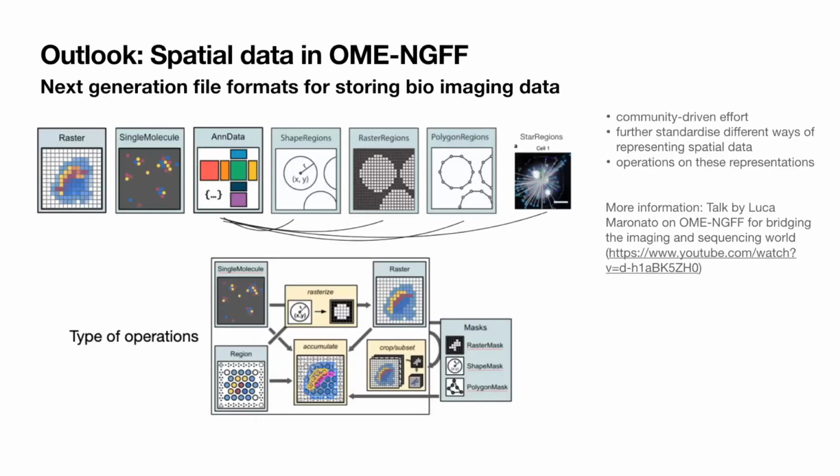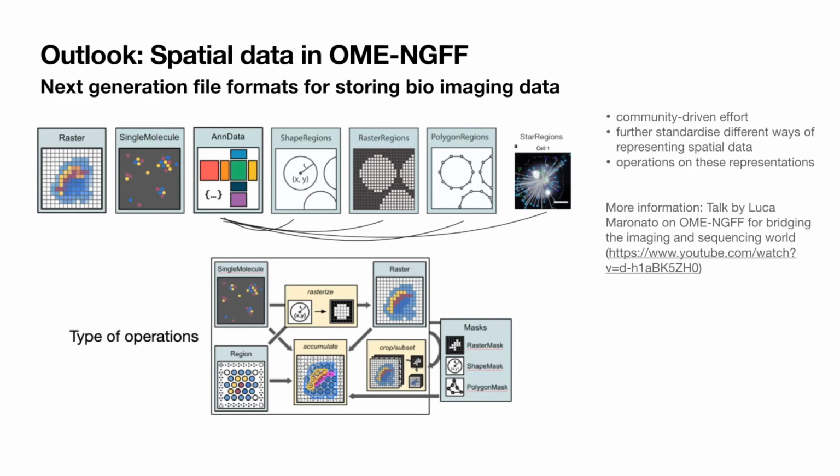So as a very last point, like I already mentioned, currently there might be a couple of issues with the image container, so it's not as flexible as we would like it to be, and this is why we're now really pushing towards moving to this OME-NGFF way of defining spatial data and storing it.